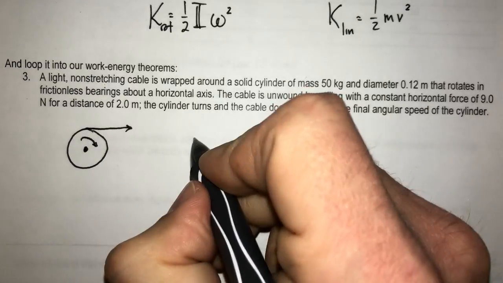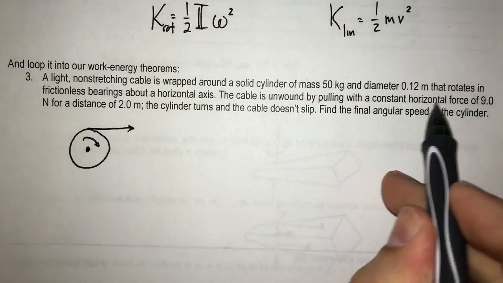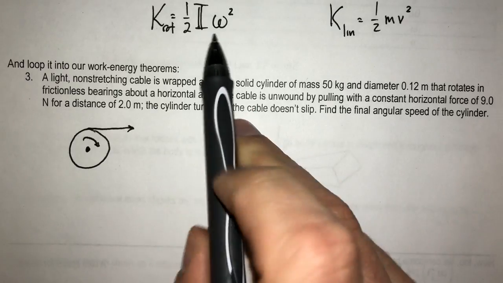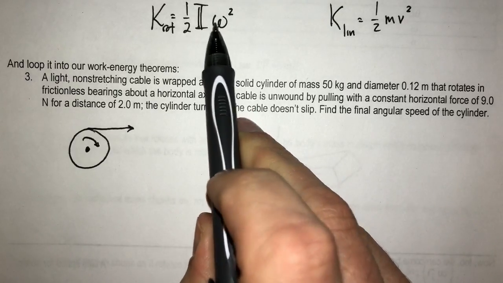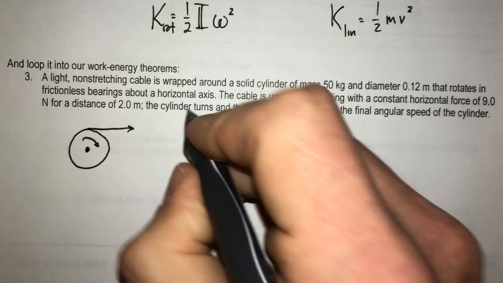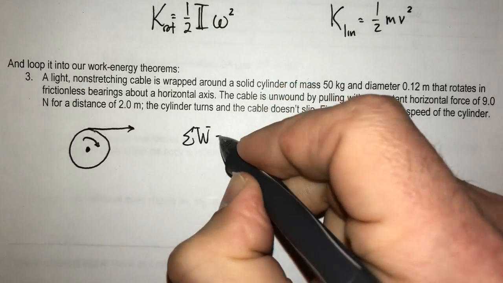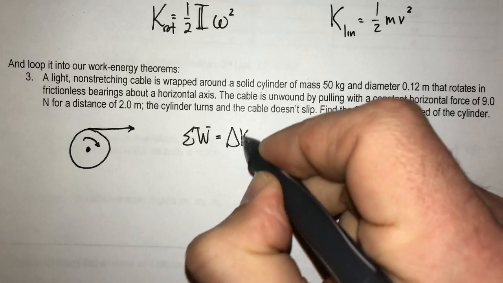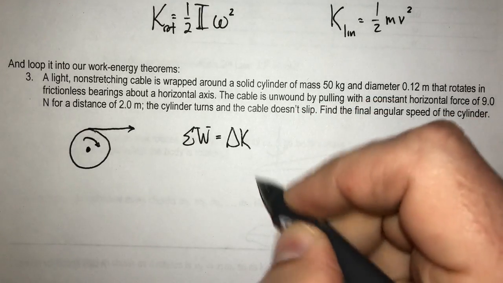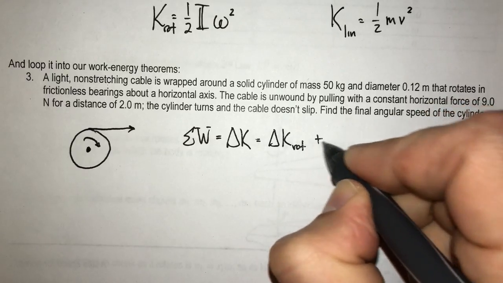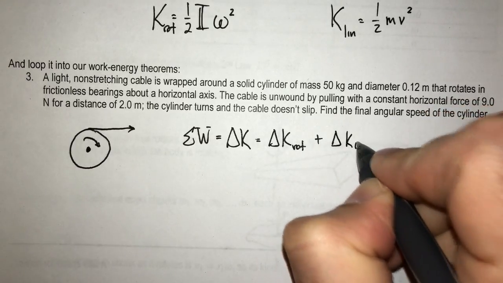Okay, fine. Now, I see a force and a distance, and that makes me think work. And I know that I can find final angular speed using kinetic energy. So I just think about the work energy theorem. If we're being really careful, we'd have to talk about the change in rotational and the change in linear kinetic energy.